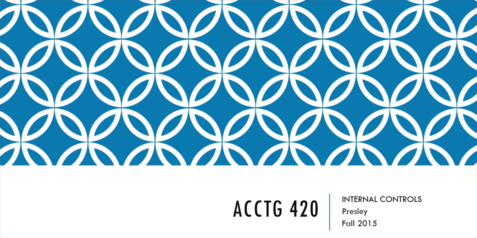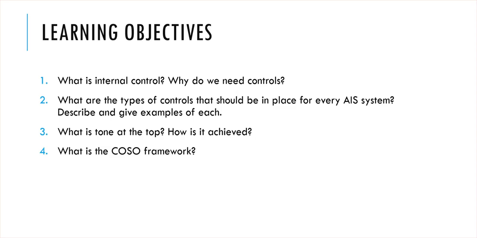So internal controls, all important. What is internal control? What are internal controls, and why do we need internal controls? And then we have the types of controls that exist. And we're going to start talking more about the COSO framework in 3 and in 4, because in 3 we're going to talk about tone at the top and why tone at the top is so important.